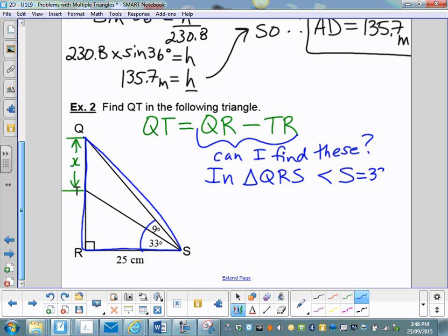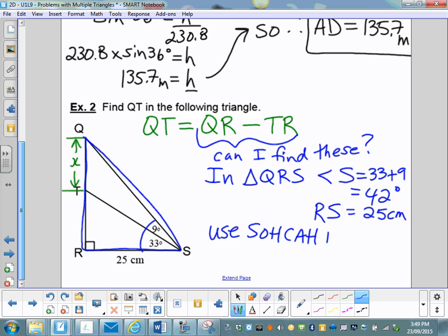So angle S is equal to 33 plus 9, so it's equal to 42 degrees. So I do know that. I also know that RS, the side at the bottom of that big triangle, is equal to 25 centimeters. Because I know those two pieces of information, I should be able to use SOHCAHTOA in that right angle triangle to find that side QR.